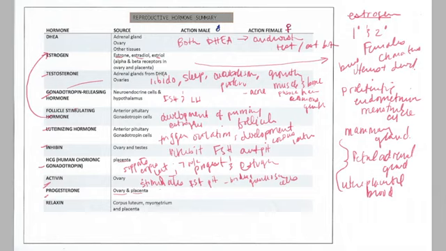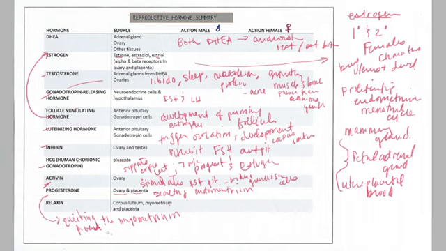Progesterone, so ovary and placenta. Progesterone causes secretory changes of the endometrium, is in charge of quieting the myometrium, and also will prevent lactogenesis.